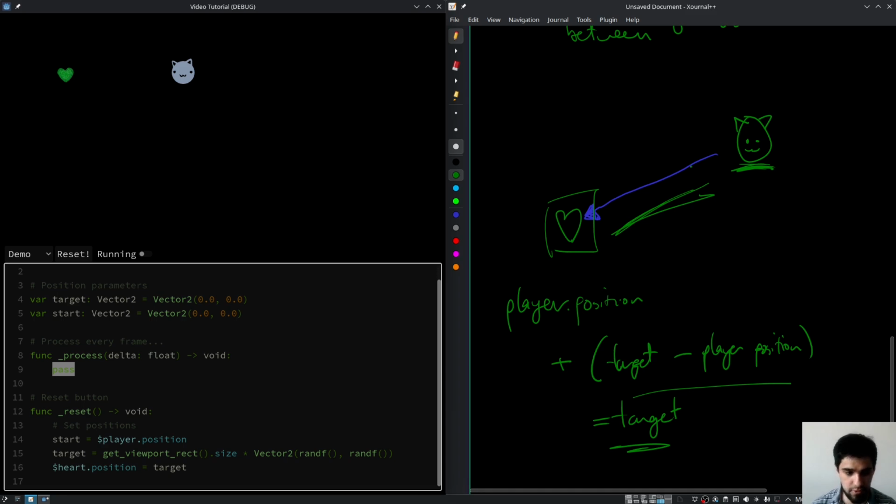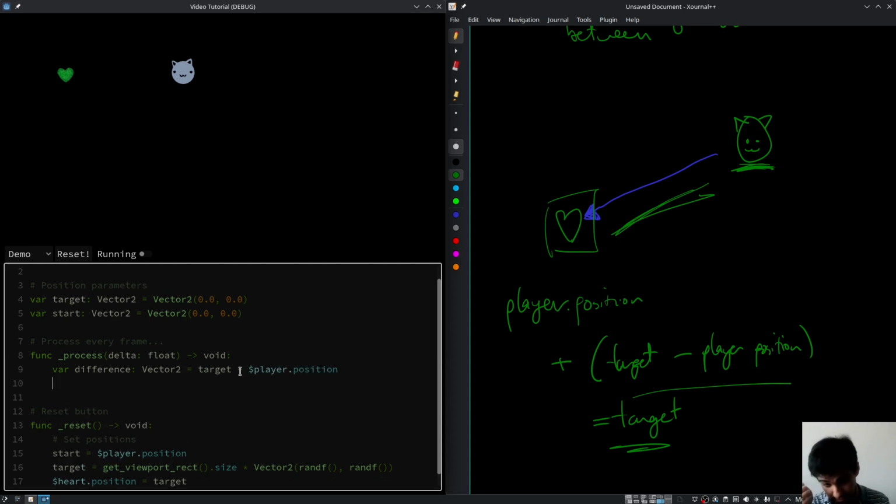So this is precisely the vector that we want. So the difference is going to be a vector, and it's going to be the target minus the player's position. So for example, now if I just say that player position, I increase it by the difference.